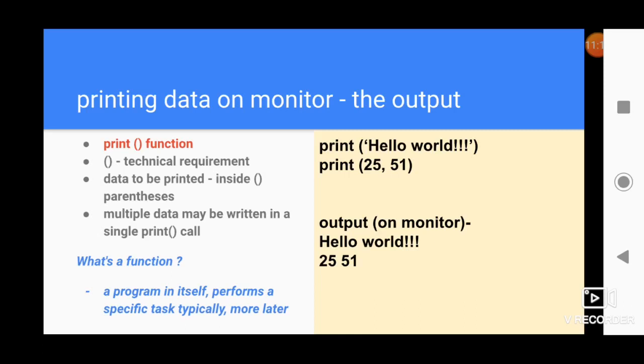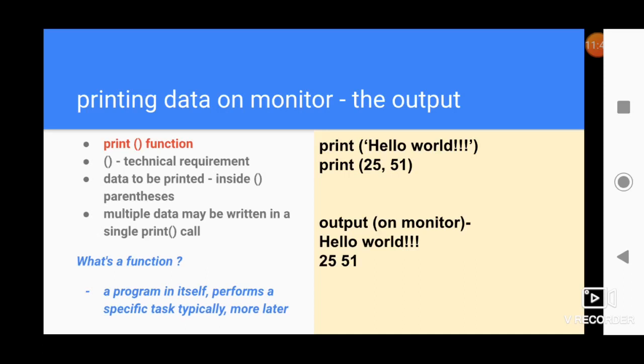When we provide multiple values to the print function for processing, we separate those multiple values using commas. Okay. So a single print function call may be used to print multiple values on the monitor. Now the output of these two statements on the monitor will be: the first print statement will just print the string hello world on the monitor, and the second print statement will print two numbers, 25 and 51, on the monitor.